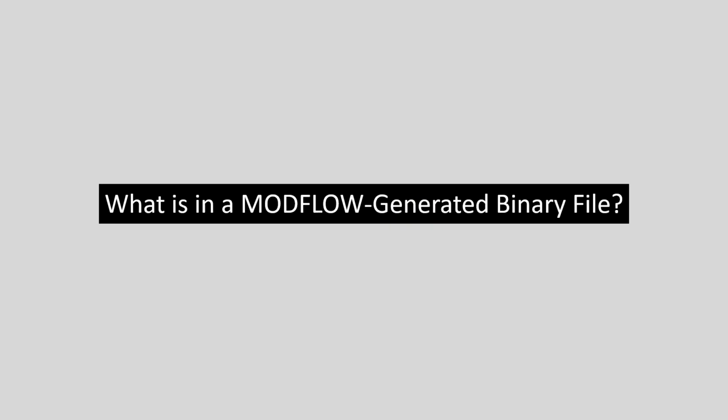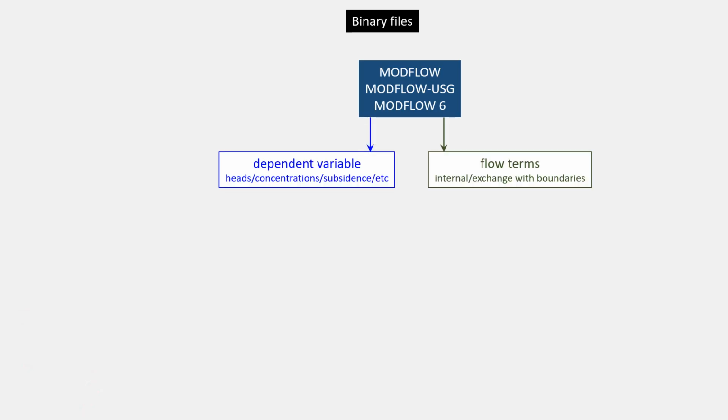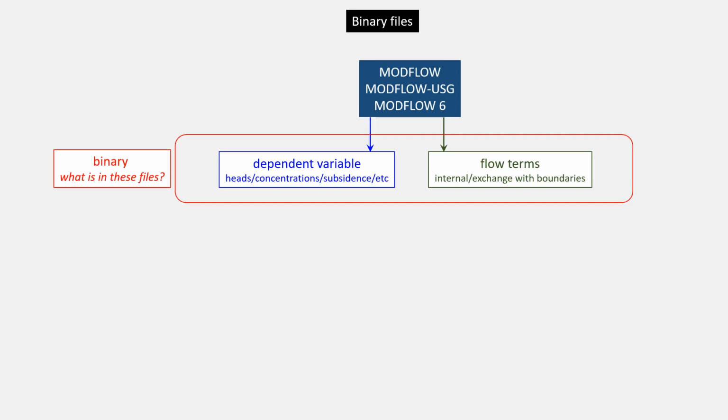Okay, so now let's have a look at the issue of how you know what's in a binary file that a member of the MODFLOW family writes. A binary system state file, a binary cell-by-cell flow file. So members of the MODFLOW family record these giant binary files. They can contain dependent variables, they can contain cell-by-cell flow terms.